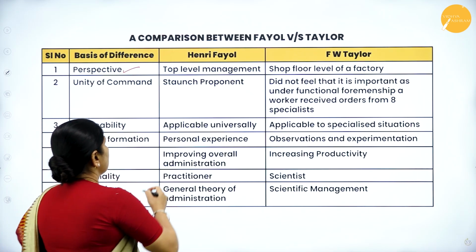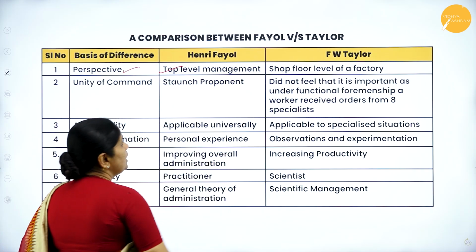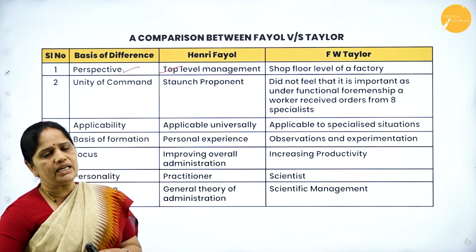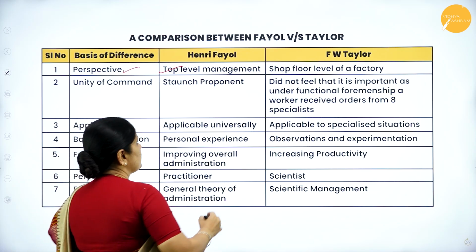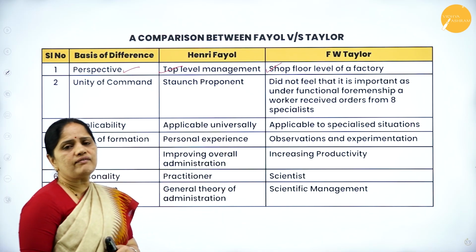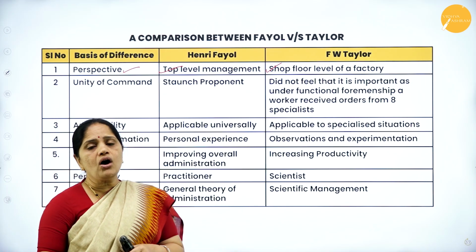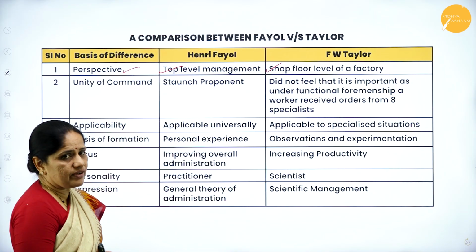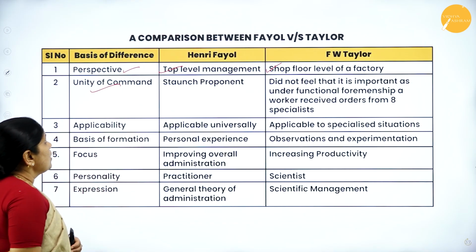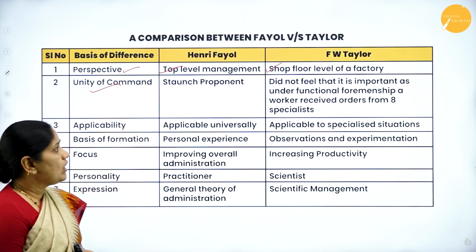Henry Fayol focused on the top level management, that is the highest level of management, whereas F.W. Taylor gave more importance to the shop floor level of a factory, that is, the operational management.